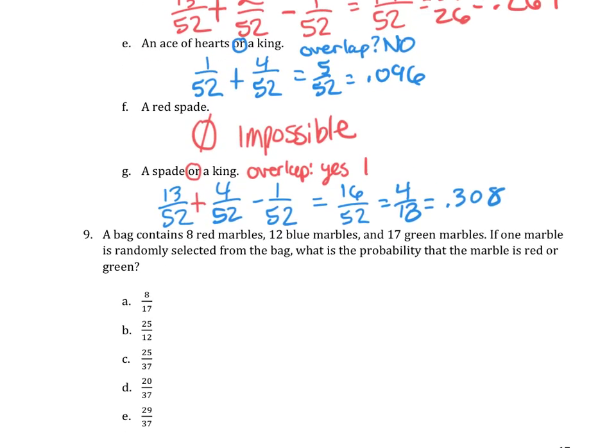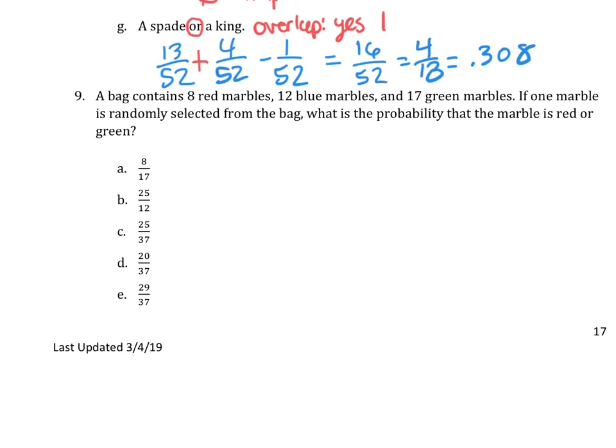Alright. Number 9, a bag contains 8 red marbles, 12 blue marbles, 17 green marbles. If one marble is randomly selected from the bag, what is the probability that the marble is red or green? So we're only doing our experiment one time, and we have or there, which means we're going to be adding. So we need to check to see if there's any overlap. Can a marble be green and red at the same time? No, so we don't have to worry about subtracting anything.